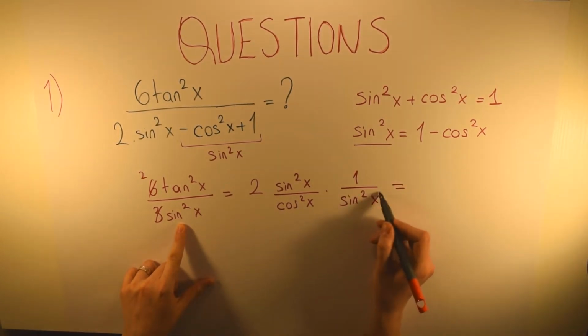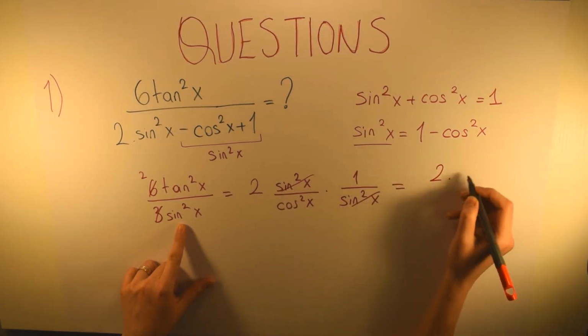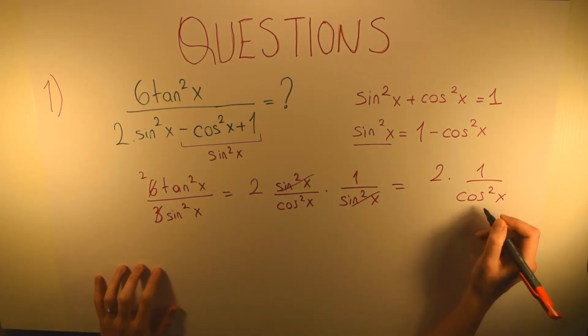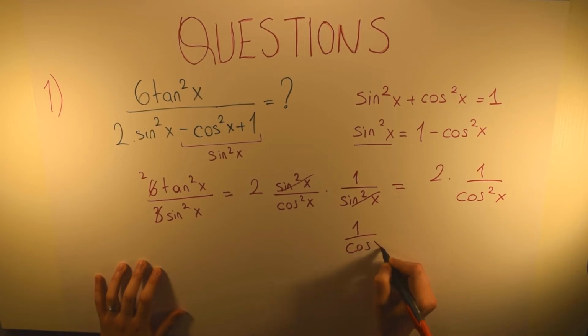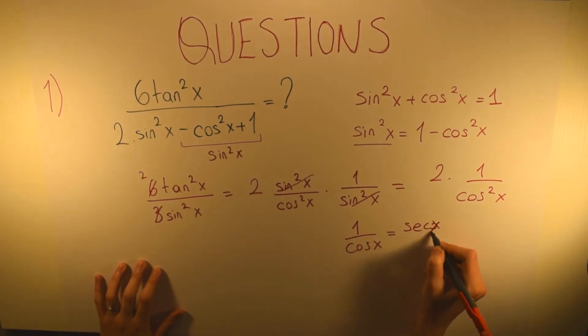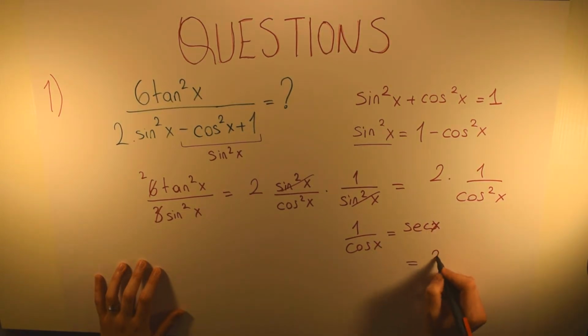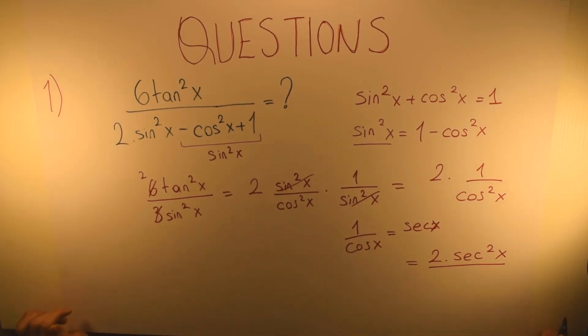This will cancel out, and we will have 2 times 1 over cosine square x. We know that 1 over cosine x is equal to secant x, so we can write this as 2 times secant square x. So this is the answer for our first question.